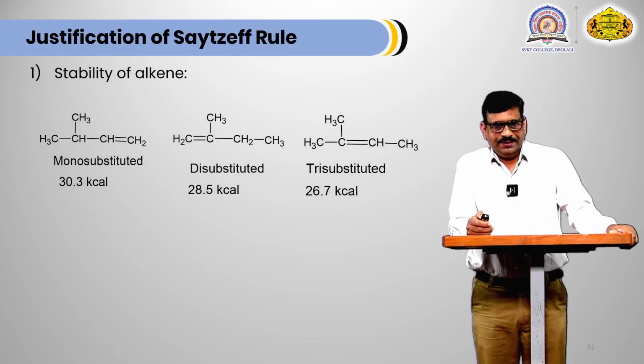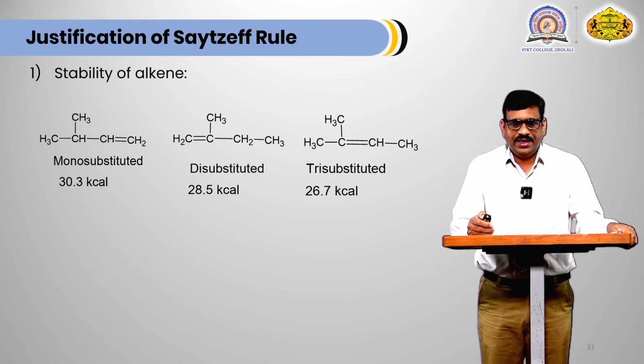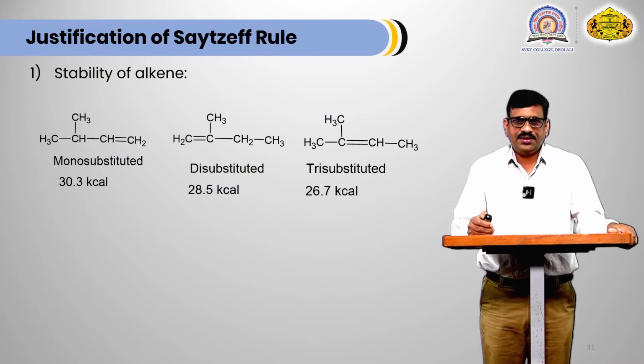Now let's see. Here there are three examples. A mono-substituted alkene is shown. In the second example, a di-substituted alkene is shown. And in the third case, a tri-substituted alkene is shown. Heat of hydrogenation is decreasing from example number 1 to example number 3.